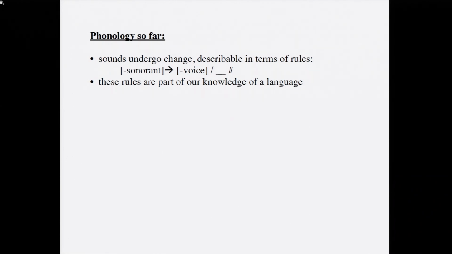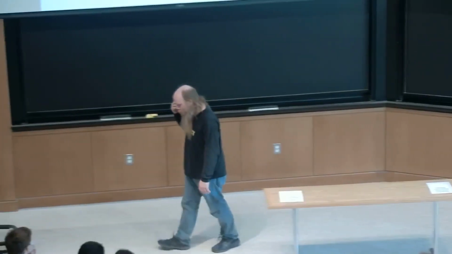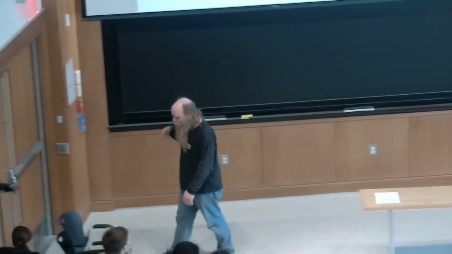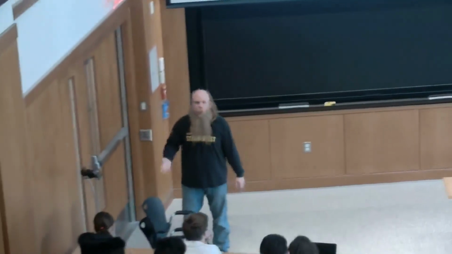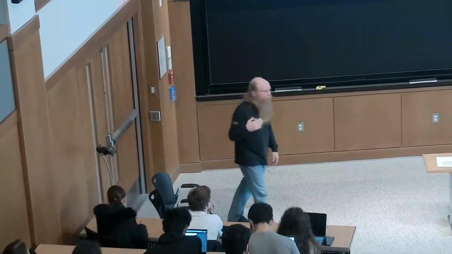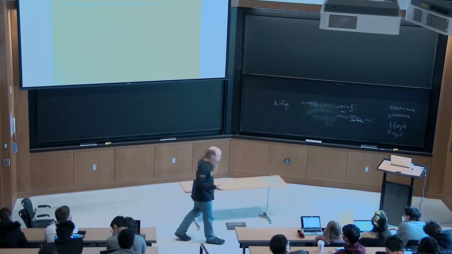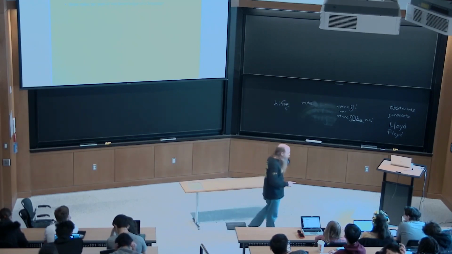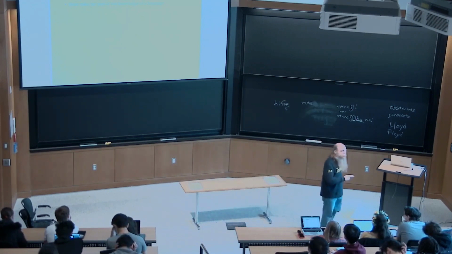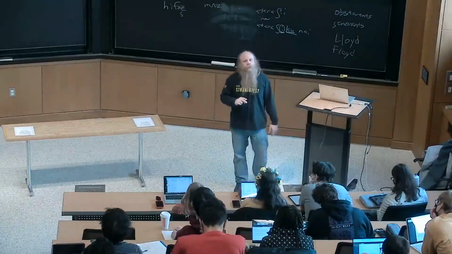As adults, anybody who is a native speaker of English knows how to make the plural of wug, or how to make the plural of Bach, even. So how to make plurals of words you've never heard before, and even words that end in sounds that your language doesn't have, right?